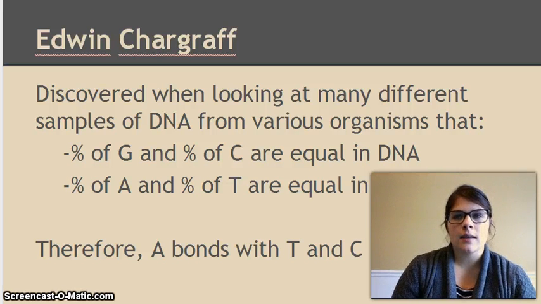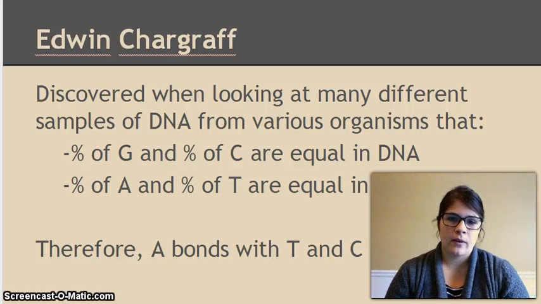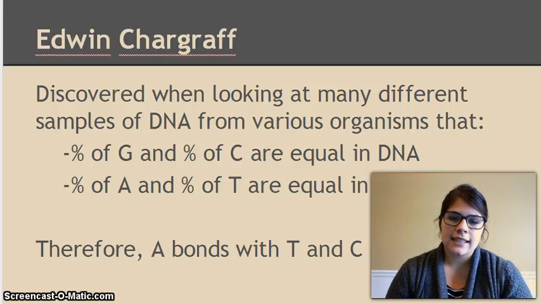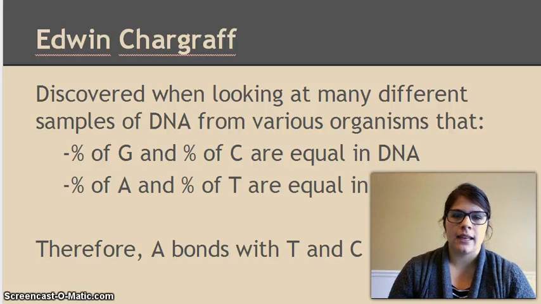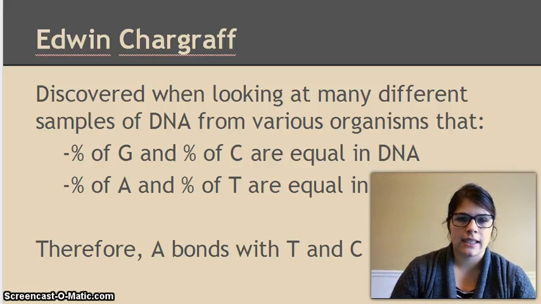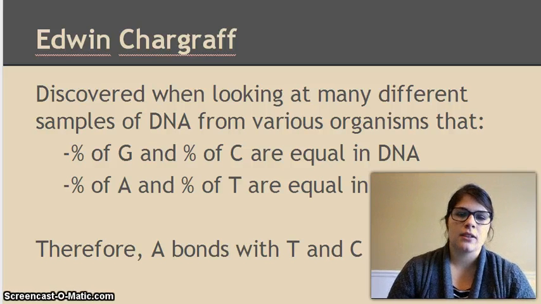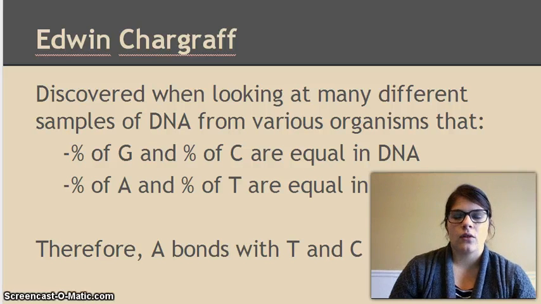Now this isn't talking about DNA from a flower and DNA from a frog. This is just saying the percent of guanine and cytosine were basically the same in the DNA that we found. He wasn't comparing different species at all. And the same, the percentage of adenine and the percentage of thymine are equal in DNA.